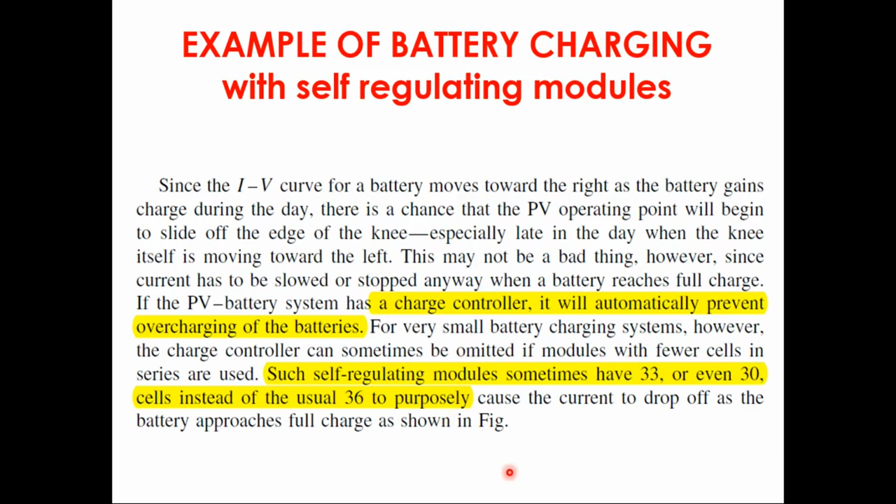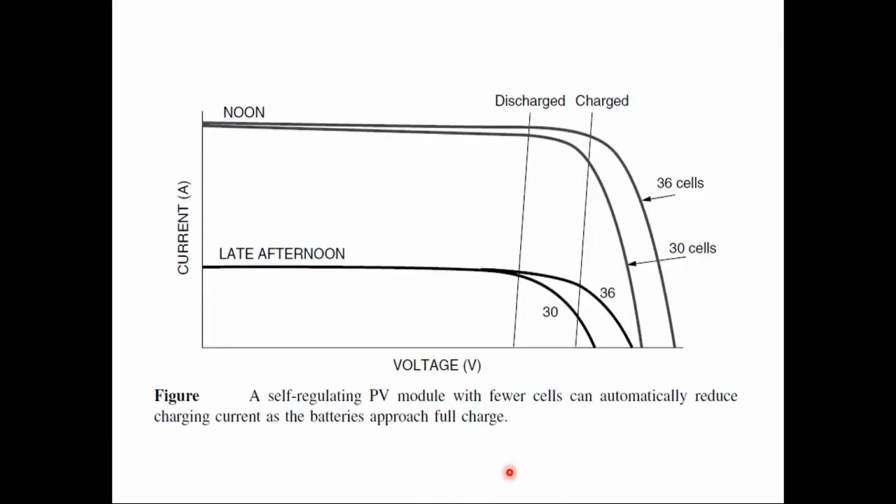Such self-regulating modules sometimes comprise 33 or even 30 cells instead of the usual 36, to purposely cause the current to drop off as the battery approaches full charge, as shown in the figure. So this is the concept of the self-regulating modules.